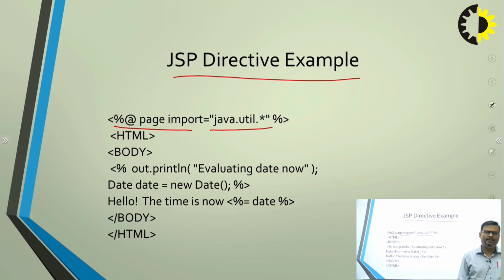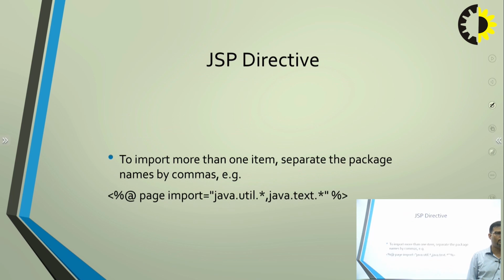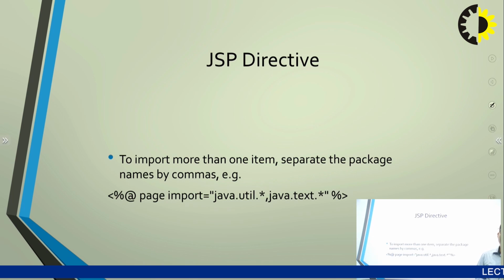What is the date? Date equals new Date, here we create the object of the date. Then hello, the time is now, then the body is closed and HTML is closed. JSP directives: to import more than one item, separate the package names by commas, just like this.